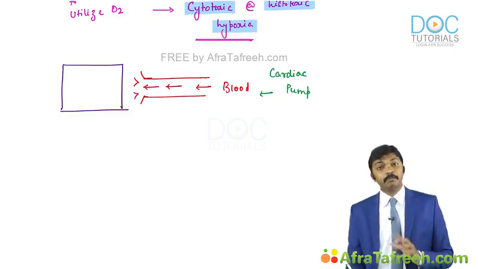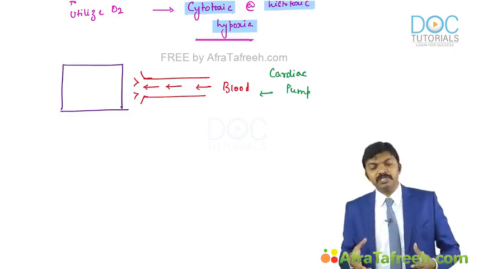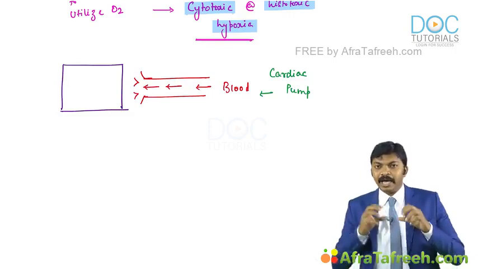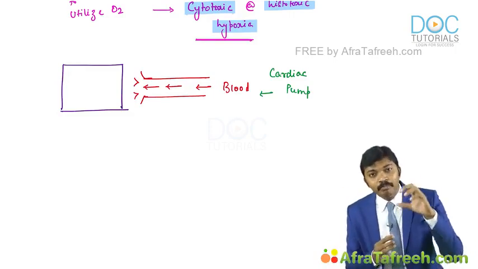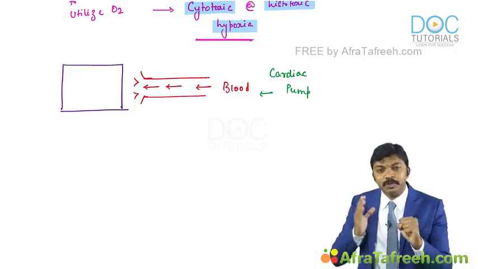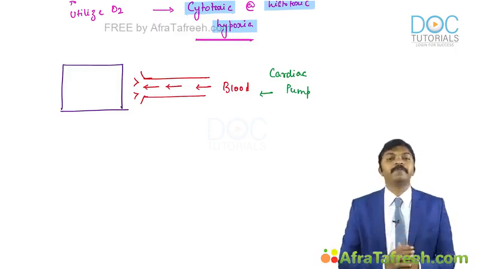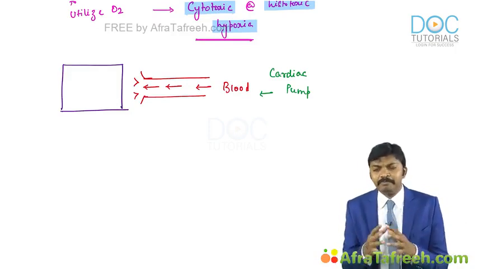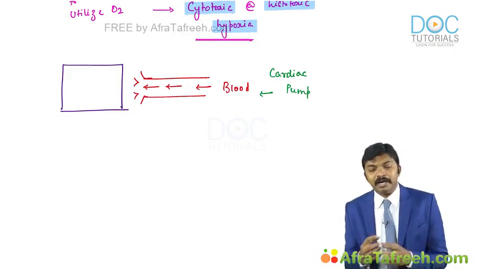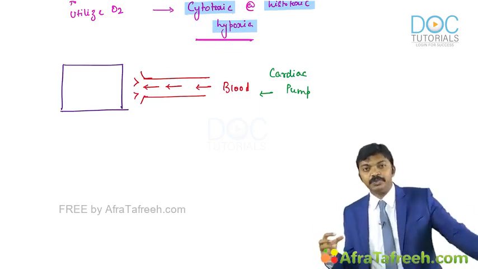Point number 1. Point number 2. As the force is being generated by the heart and as the blood is flowing through the blood vessel, we have to maintain the force and pressure to keep propelling the blood forward. Okay. So two mechanisms are inevitable and absolutely critical in taking the blood from the heart to the tissue.